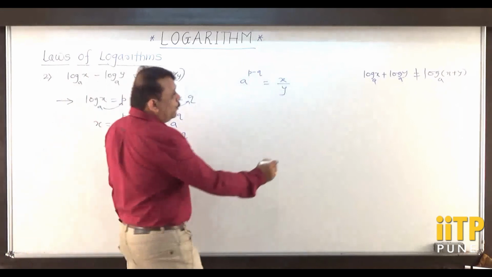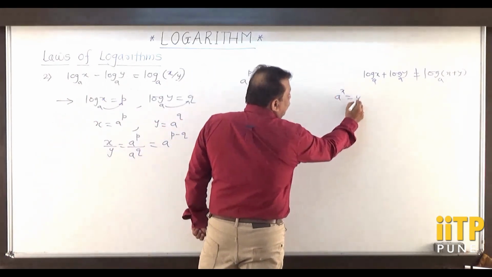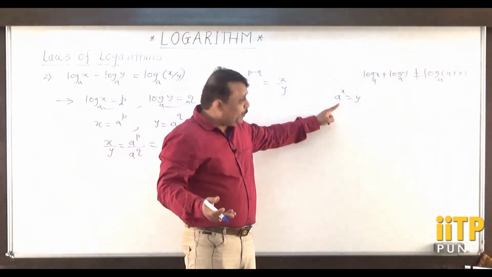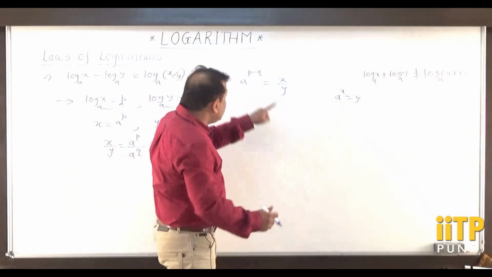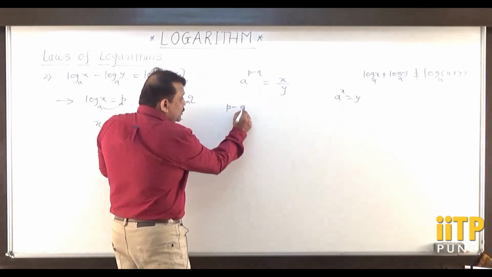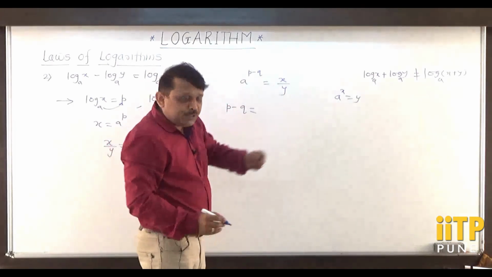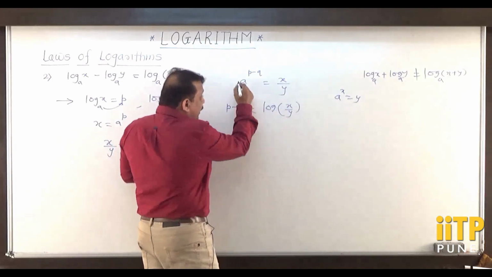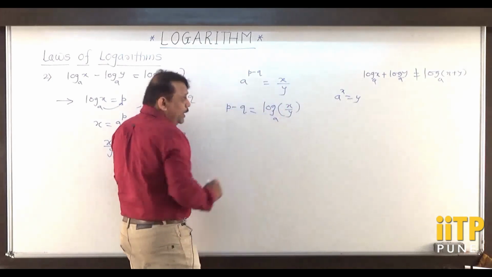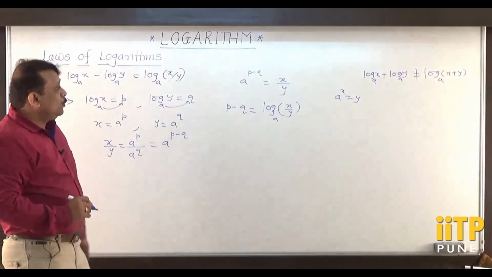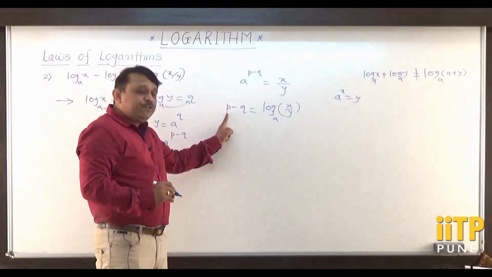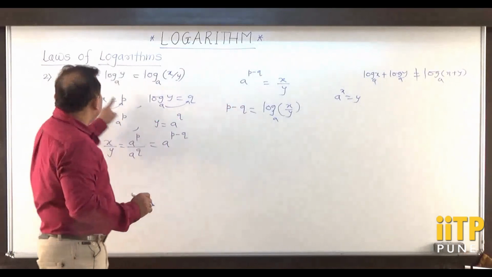It is of the form a to the power x is equal to y. Then how do we convert this into logarithmic form? Power equal to log of the opposite side. So here the power is p minus q, equal to log of x upon y to the base a. So from exponential it is converted into logarithmic form.